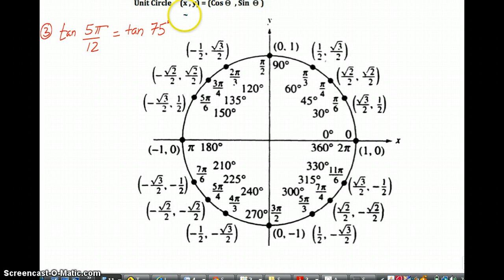Let's turn there. Now would be a good time to quickly pause the video and try to identify two angles whose sum or difference is 75 degrees. I'm thinking we can use those two angles there, 45 and 30. The sum of those two angles is 75.